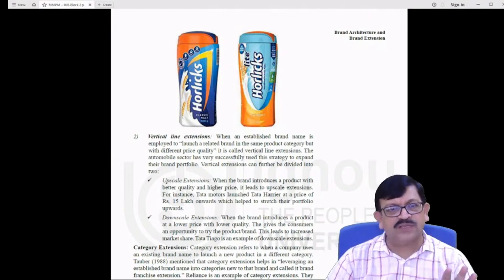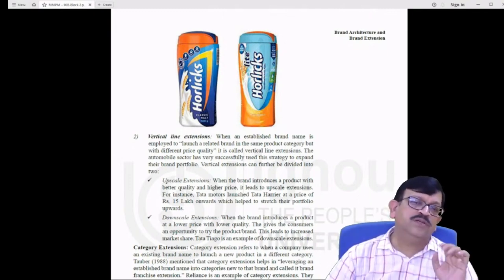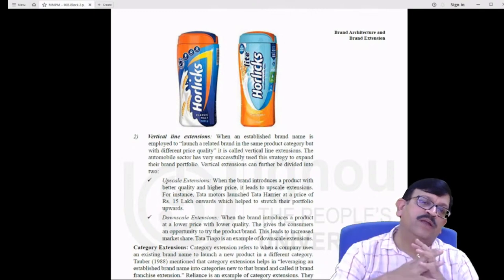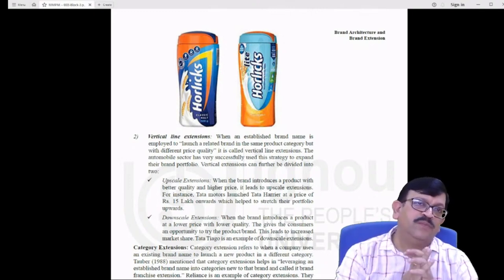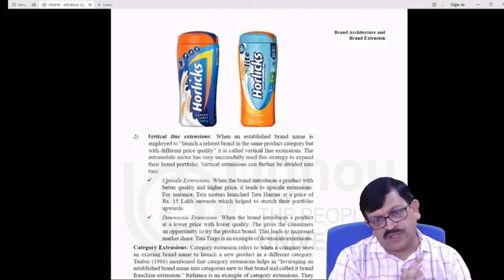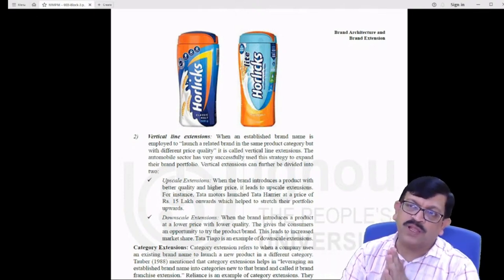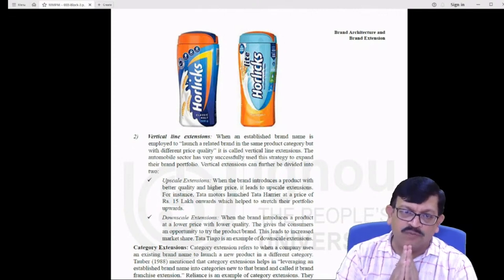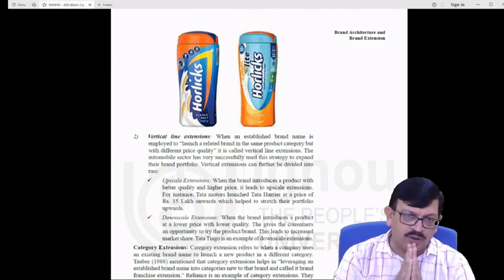It's not as if you just put it at an upper price point and people will buy it. We have to see whether people perceive the value of an upscale vertical line extension.